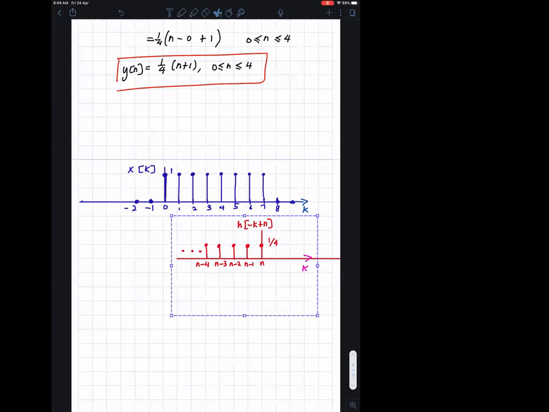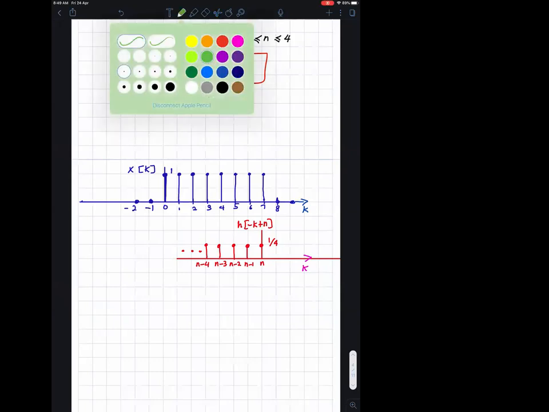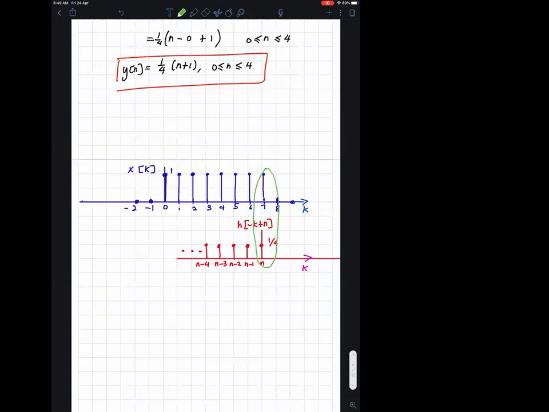You're going to slide through until the end of the signal, because at k is 7, you have a non-zero signal. So you slide and align the ends like this, where they are non-zero signals.